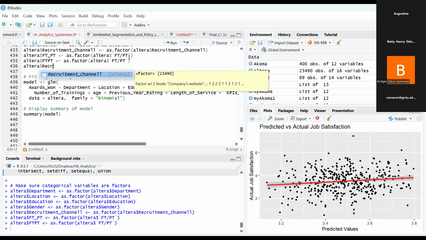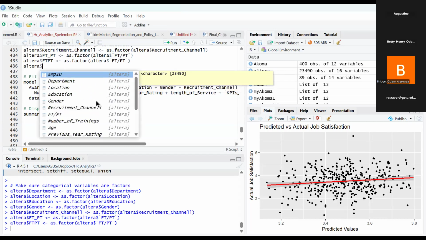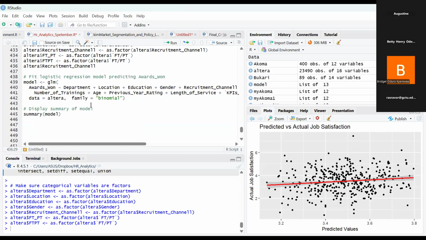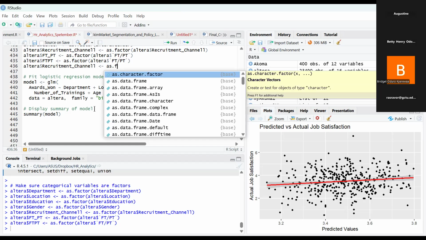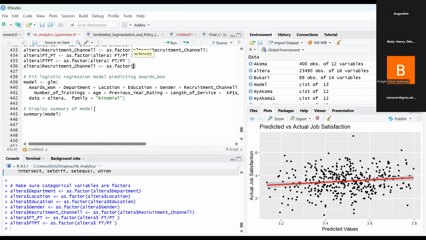If this is it, how did I call it? It's called recruit channel, something like this. As dot factor, Altera.